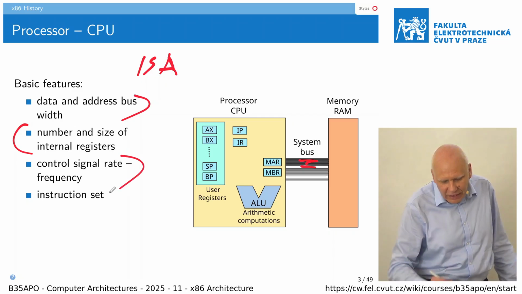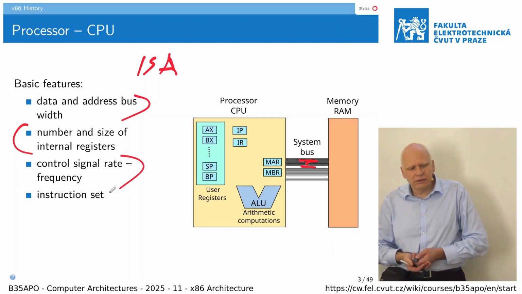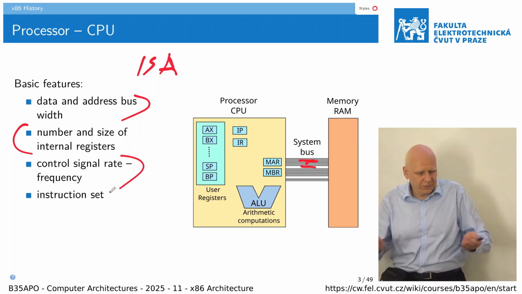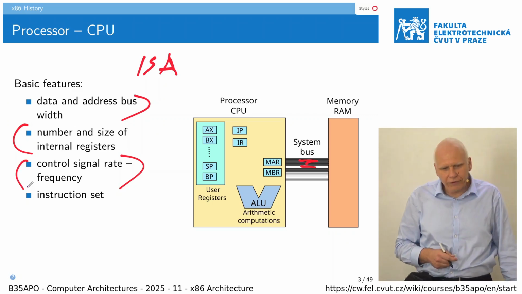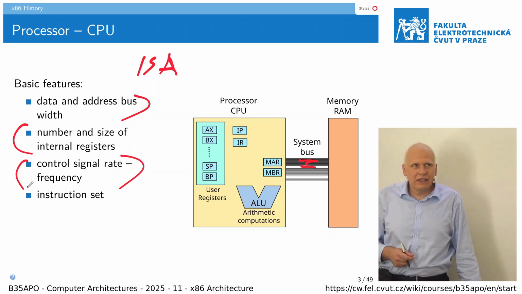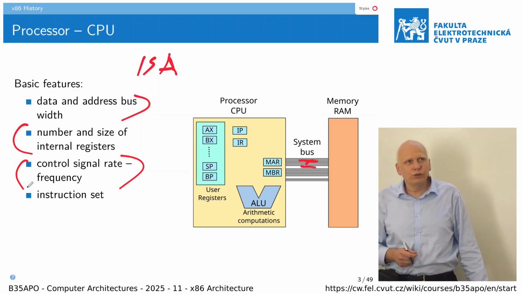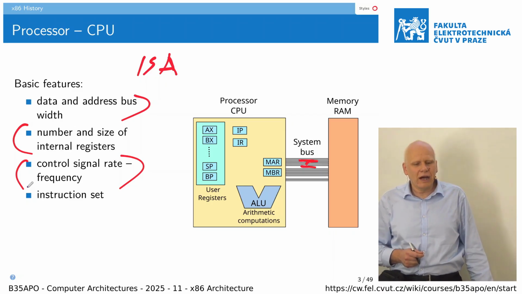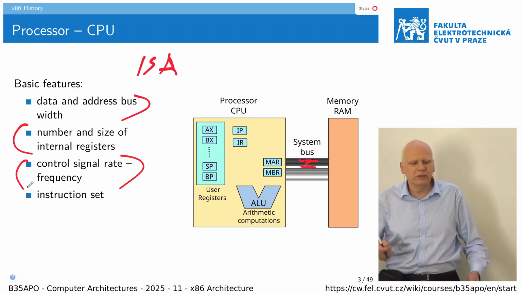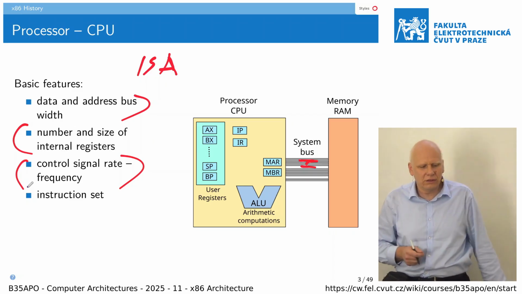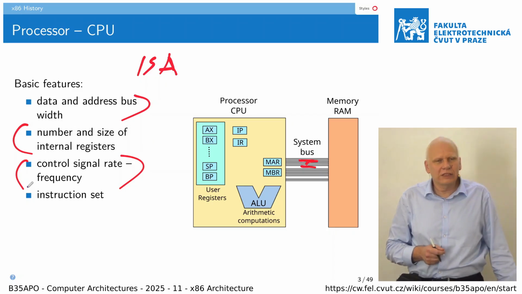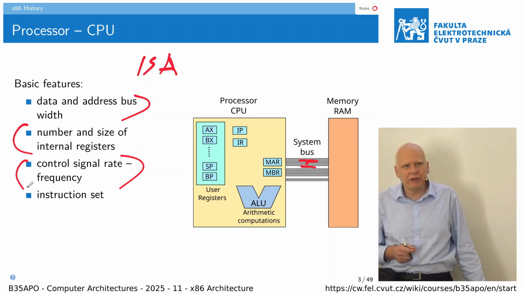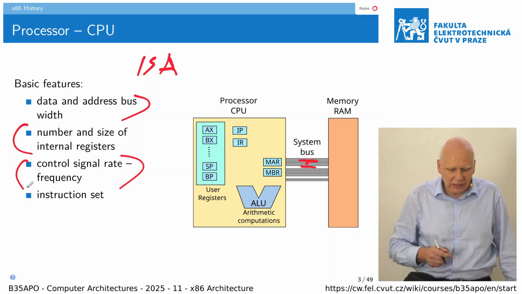And then another parameter which is usually in the documentation is clock frequency. Usually, when you have a higher clock frequency, then the throughput is higher, but it is not necessarily so, because, for example, the Pentium 4 has been planned for very high frequencies, up to 4 or 5 gigahertz, but was relatively slow.